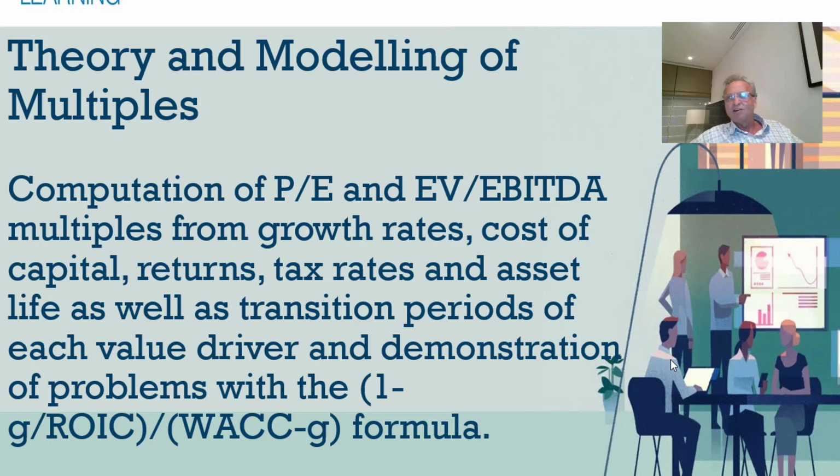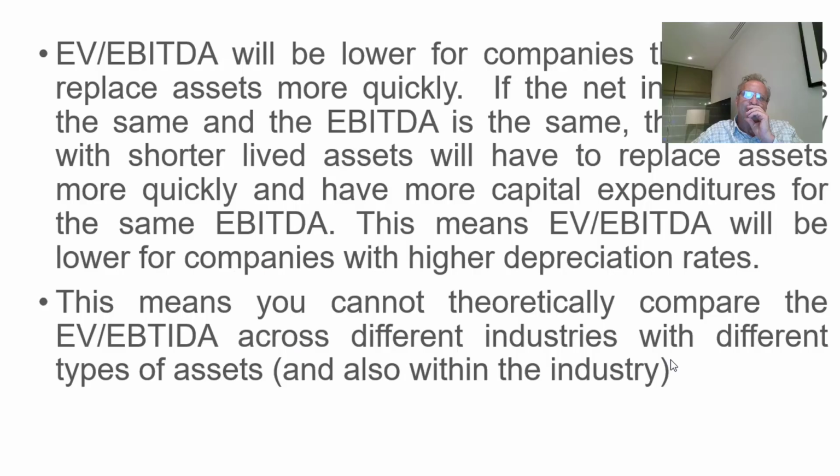So the EV to EBITDA ratio, and to a certain extent the PE ratio, depend on the age of the assets. And we can't just assume that assets all get replaced. We saw from the last video the capex to depreciation can be all different. Okay, so whatever. I just kind of said that, I think.